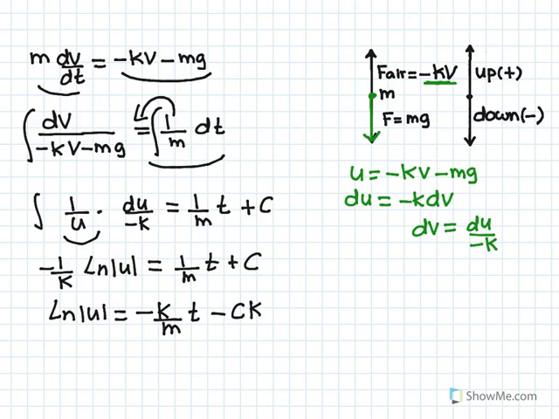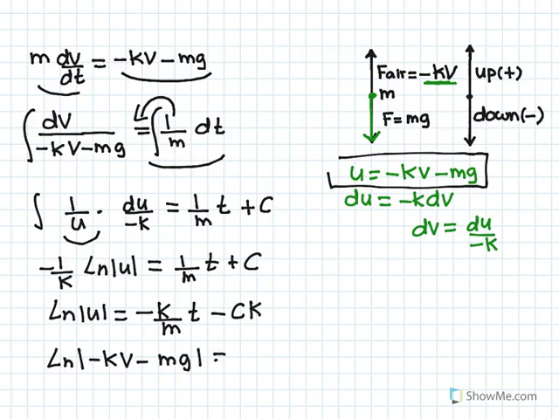All right, now let's substitute u back in, because u is equal to minus kv minus mg, so we get log of minus kv minus mg is equal to minus k over m t minus ck.